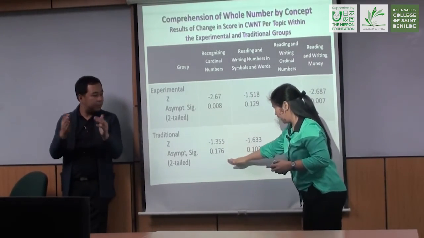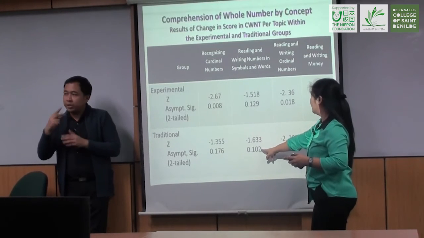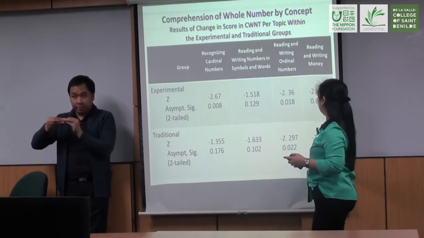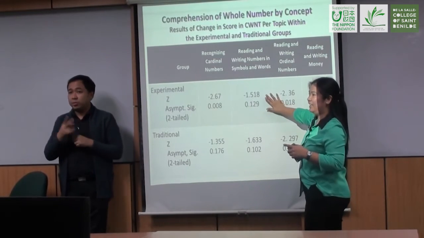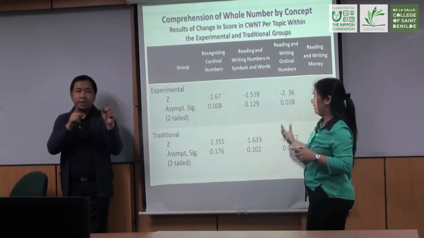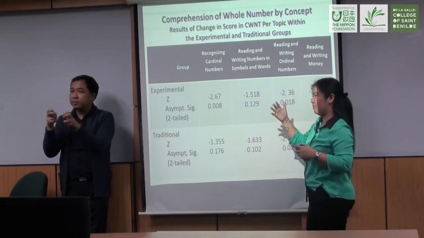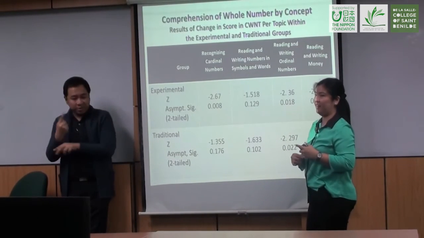While in the traditional, it's only the reading and writing numbers, symbols, and money. So as you can see, still in ETP, three topics have been improved compared with the traditional.